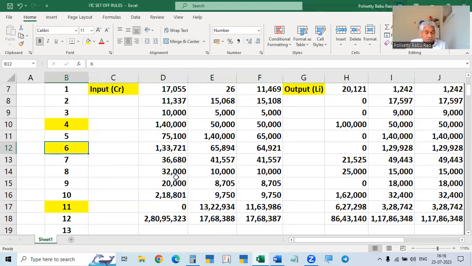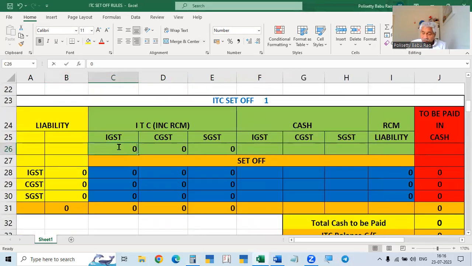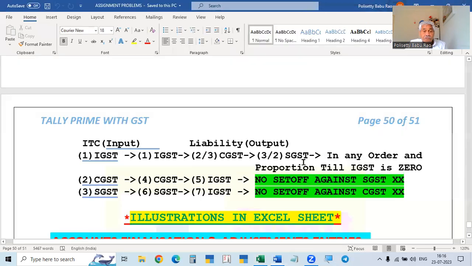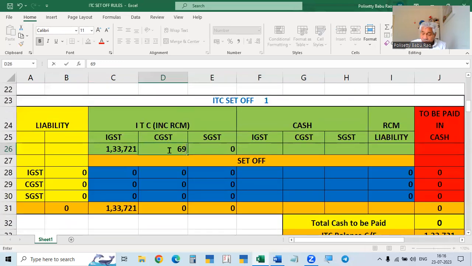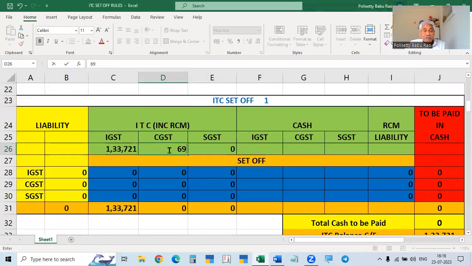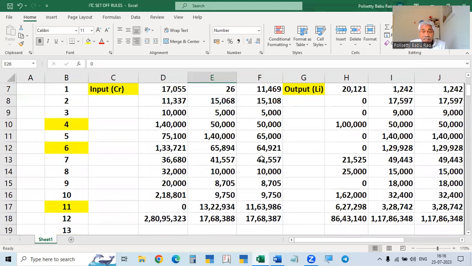See, 133,721. 65,894 and here 65,894 and 64,921.